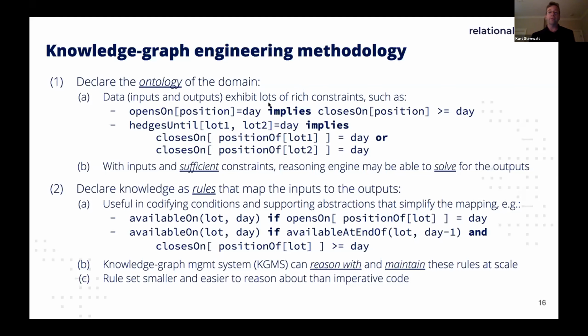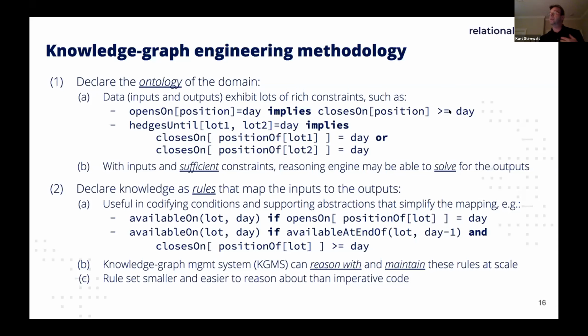The first constraint right here says basically that if a position, you know what a position is. A position is a group of securities that you purchase. If a position opens on some day, so opens on position equals day, if that's true, that implies that the position closes on some later day, right? So opens on position equals day implies closes on position greater than or equal to day, okay?